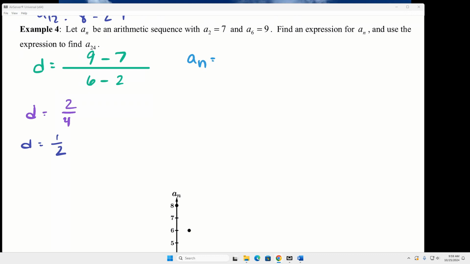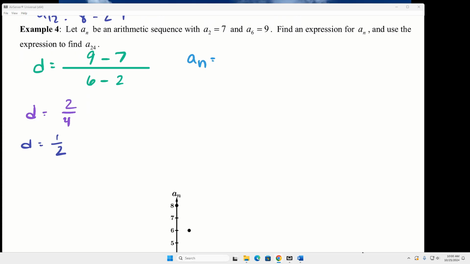Okay. And then at this point, you have options. You can use this first point where you would plug in 2 and 7, or you could plug in 6 and 9. Since what I did when I was working out the answer key to your assignment, if I'm finding the 24th term, I typically just use the bigger term because then there's smaller numbers that you have to work with, but it kind of evens out.